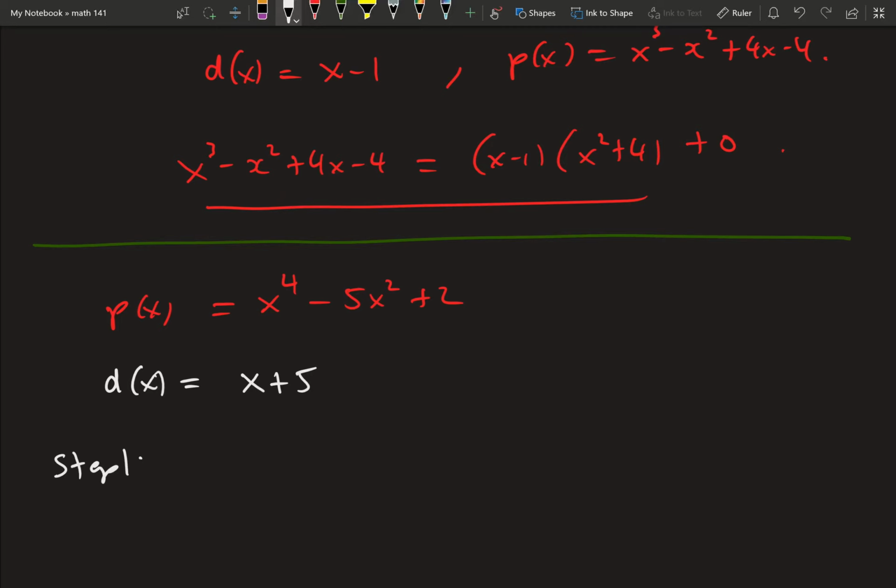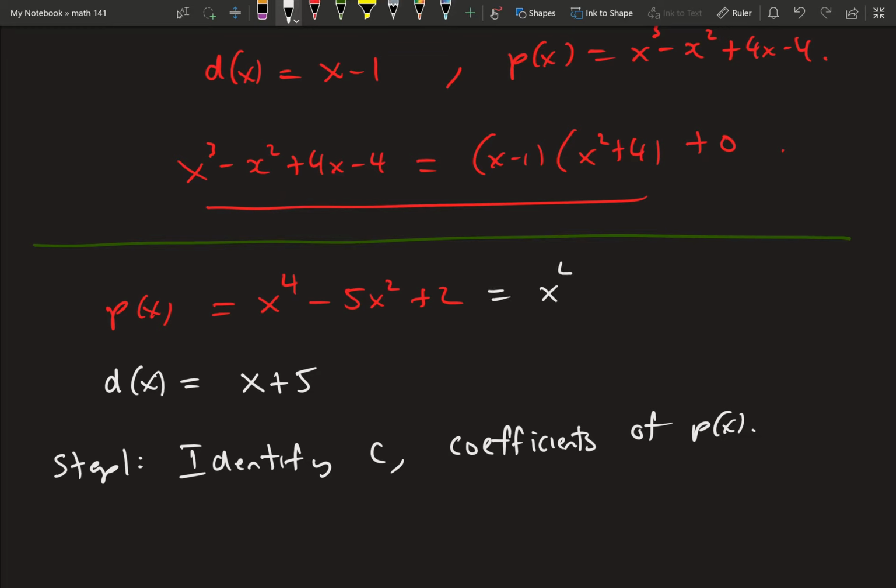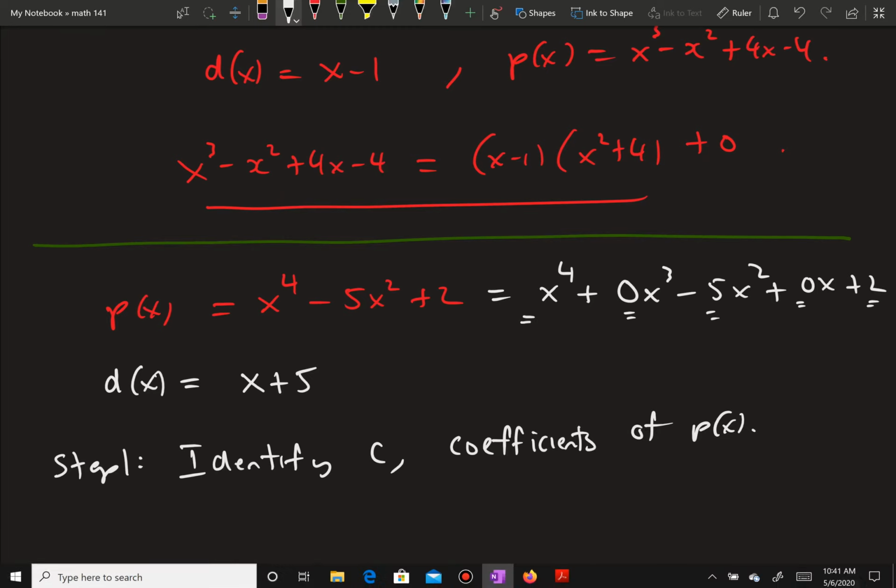So step 1, identify c as well as the coefficients of p of x. And now here it's just slightly different. Notice this p of x is x to the fourth plus 0x cubed, because there's no x cubed term, minus 5x squared plus 0x plus 2. So we always have to write every single coefficient down, even if they're missing, because that's how the process works.